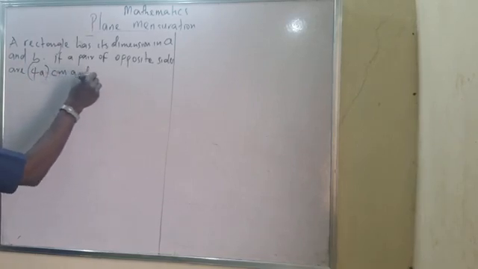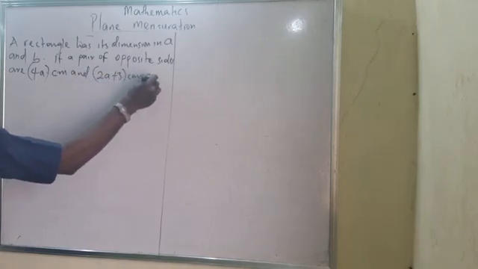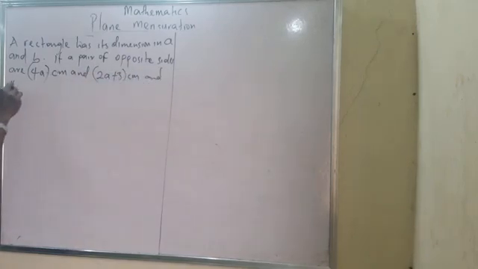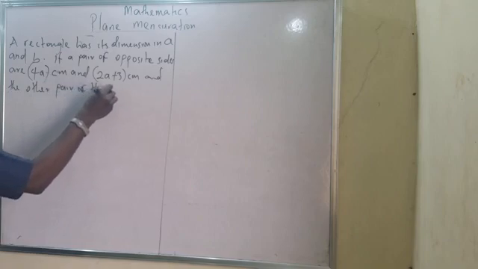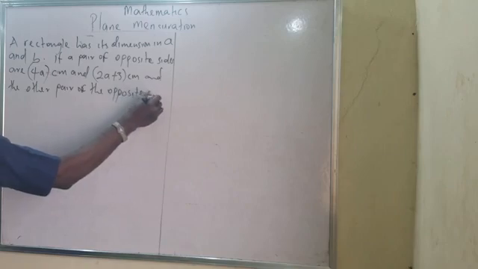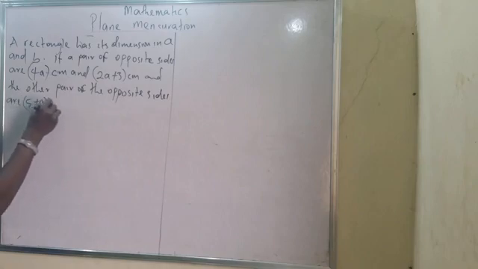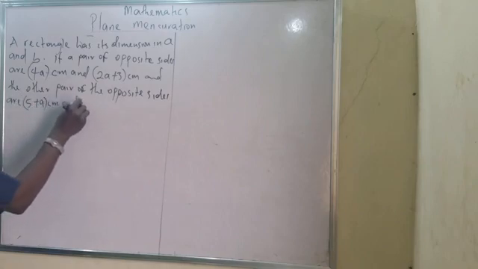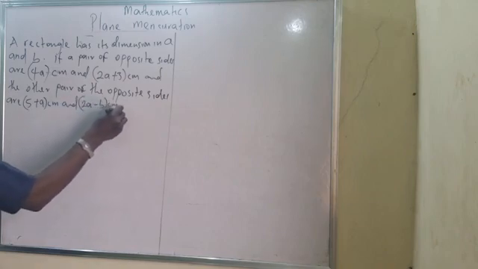and 2A plus 3 centimeter, and the other pair of opposite sides are 5 plus A in bracket centimeter and 2A minus B centimeter long.